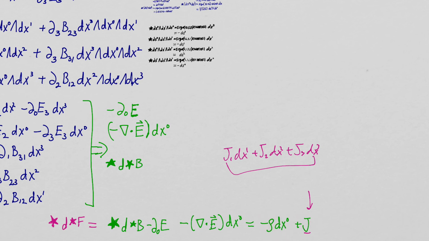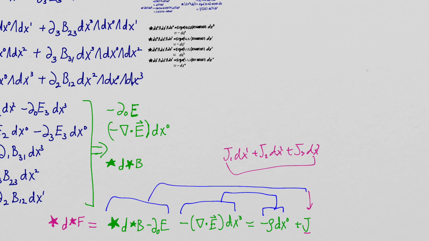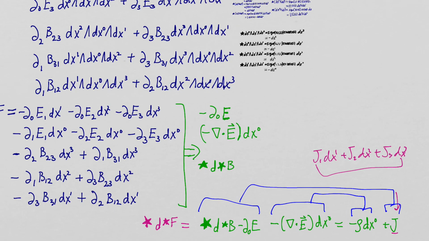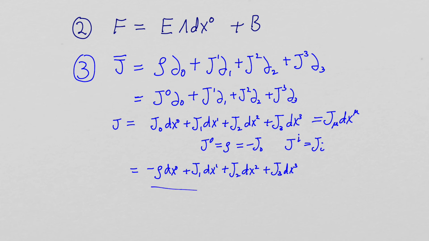So we conclude that this part here must equal this part here, and this part here must equal this part here for this expression to equal J, where J is the full form that we described right here, right?